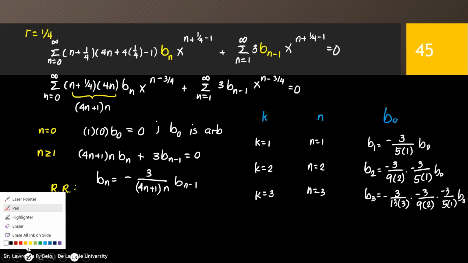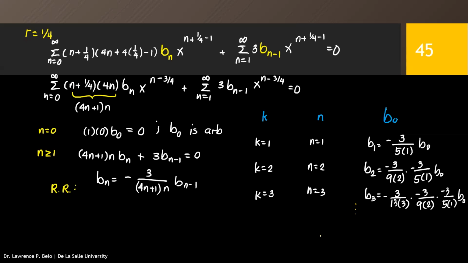And this one actually is b sub n, negative appearing that many number of times, n times, 3 appearing n times as well.